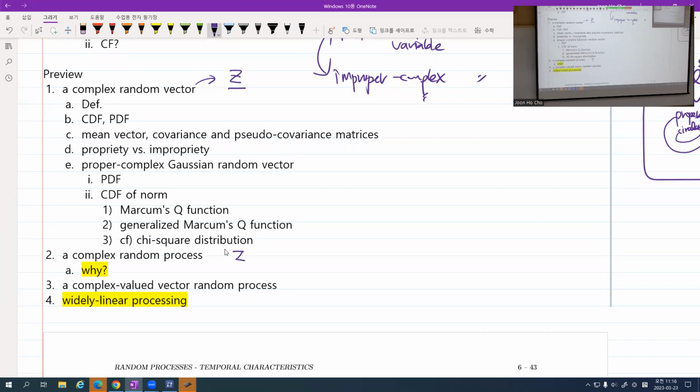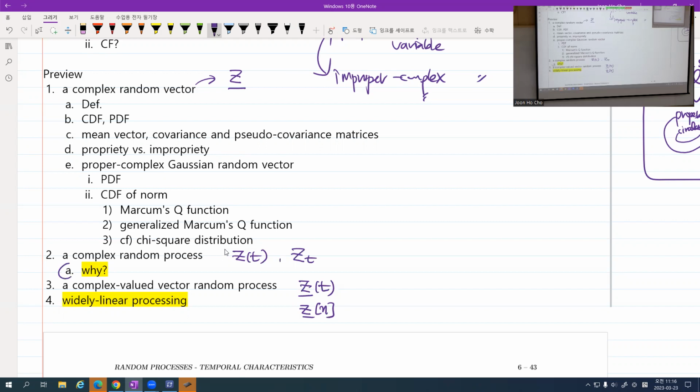And for this, I will use Z of t if it is a continuous time random process. But if I do not want to distinguish continuous time and discrete time complex random processes, I will use the subscript. And for a complex valued vector random process, I may use something like this for continuous time, a complex vector random process. And for the discrete time case, I will use this notation.